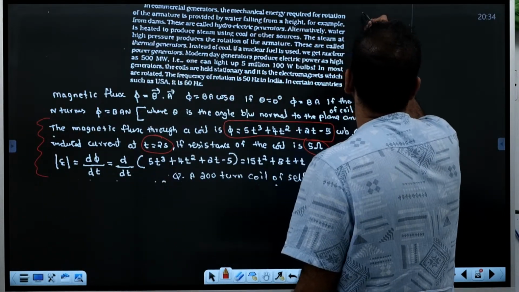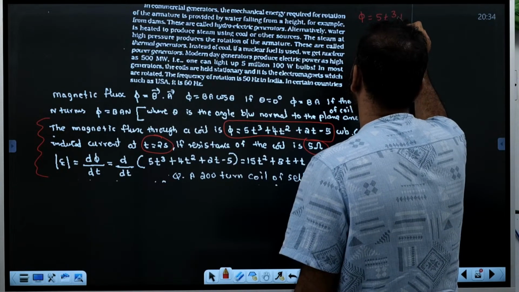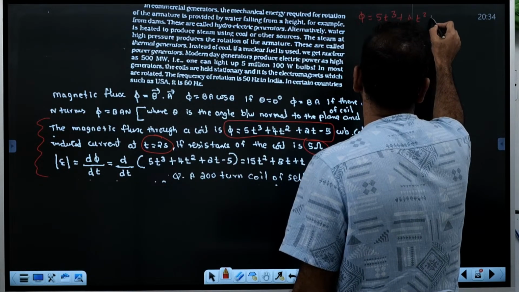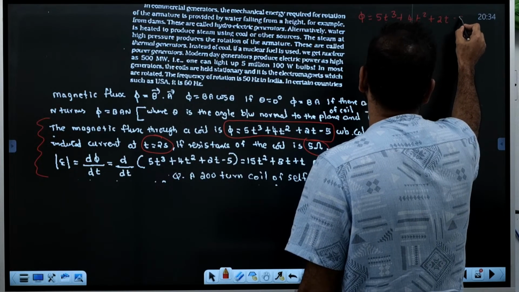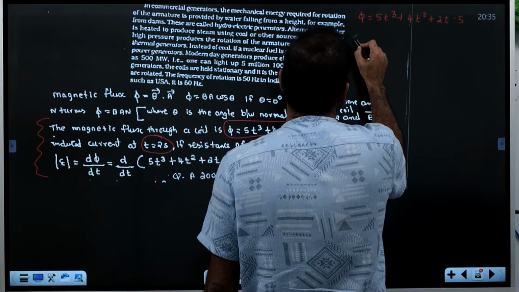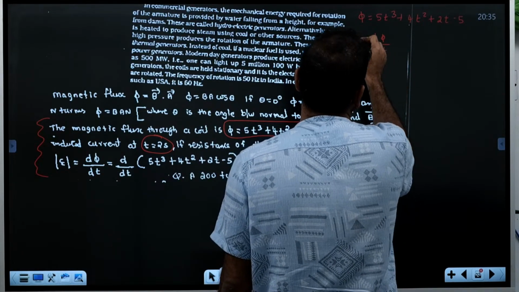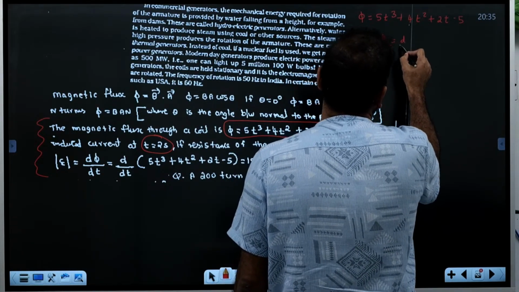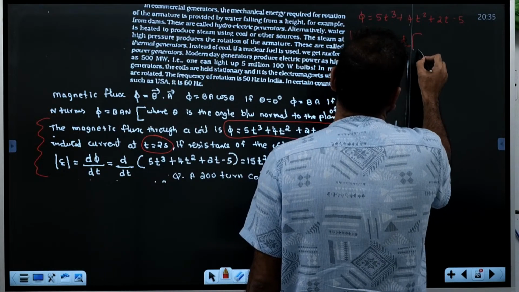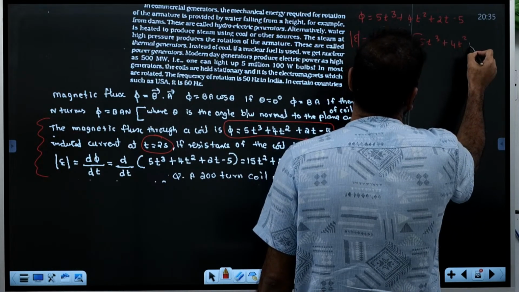Flux phi is equal to 5t cube plus 4t square plus 2t minus 5. So, what is induced EMF? Magnitude of induced EMF is d phi by dt. So, d by dt of what? 5t cube plus 4t square plus 2t minus 5.